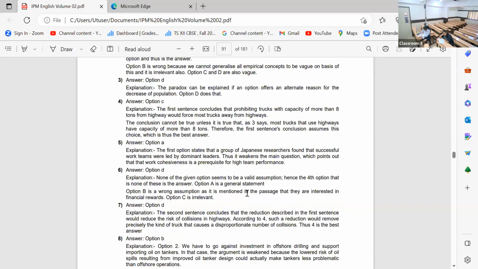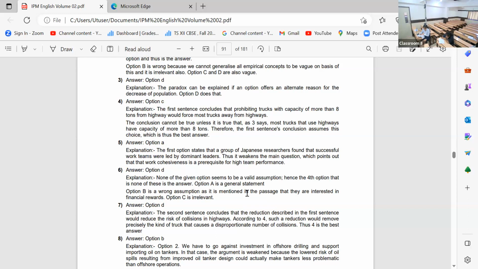Paki, what's your answer? Ma'am, I think the third option, option C. Third option. That is, most trucks that are currently running on highways have a capacity of more than 8 tons. I think it's fine, Mansi. It's fine.